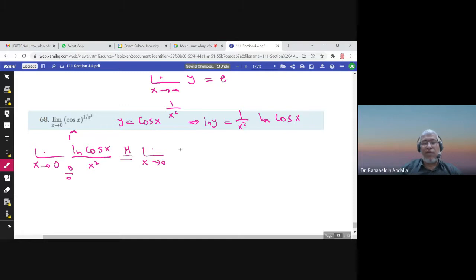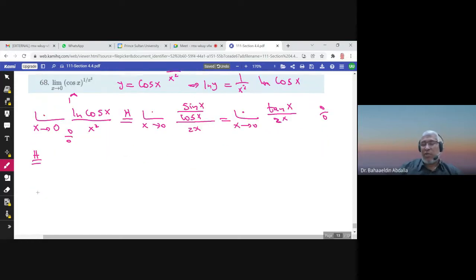Derivative of ln cosine is 1 over cosine times derivative of cosine over 2x. So let me write this as tan x over 2x. Tan 0 is 0 over 0. Use L'Hopital's once more. Derivative of tan is secant squared x.